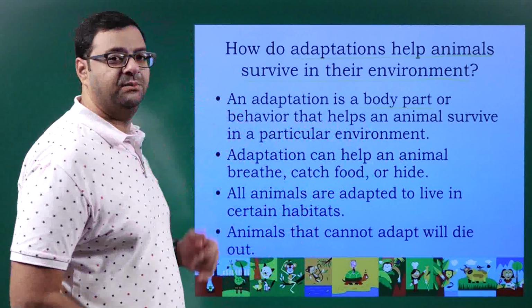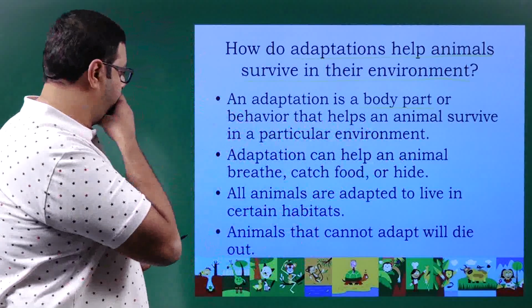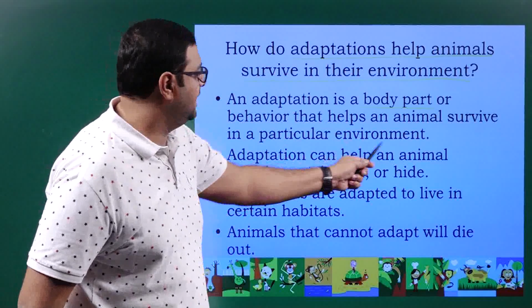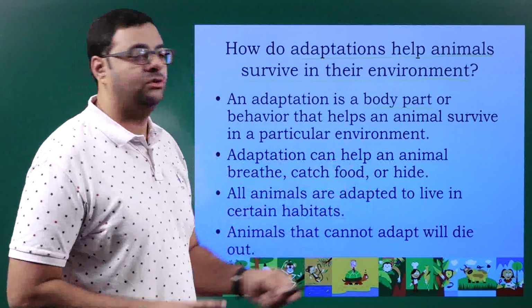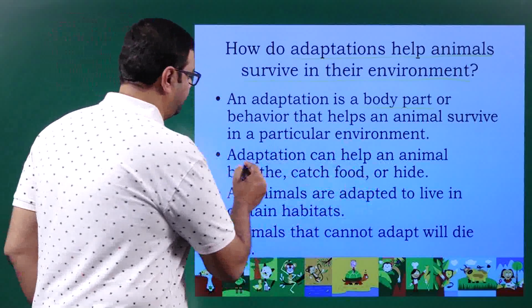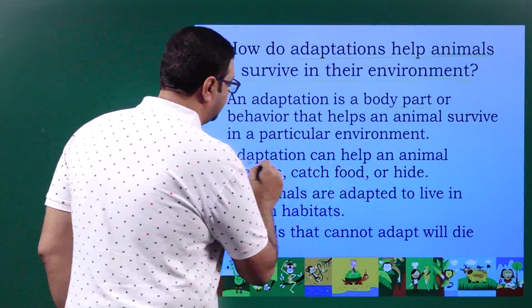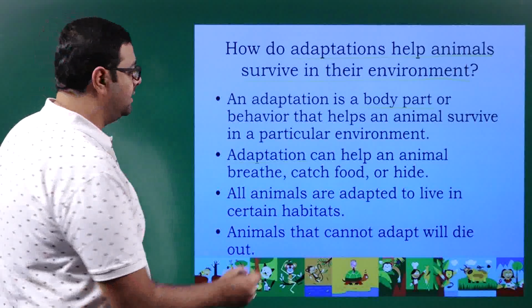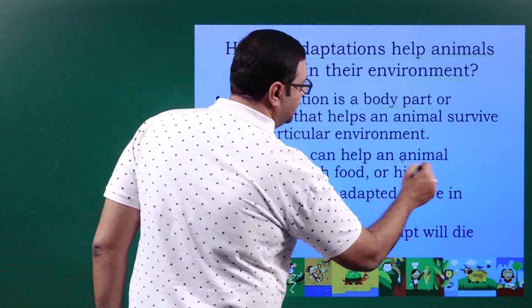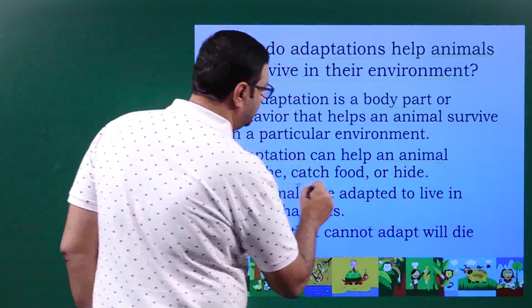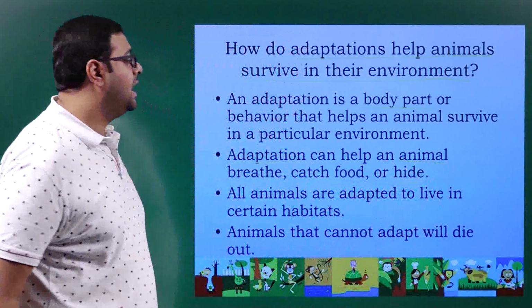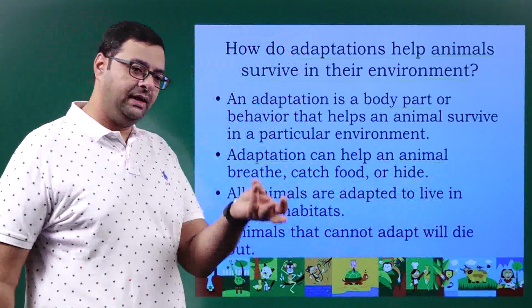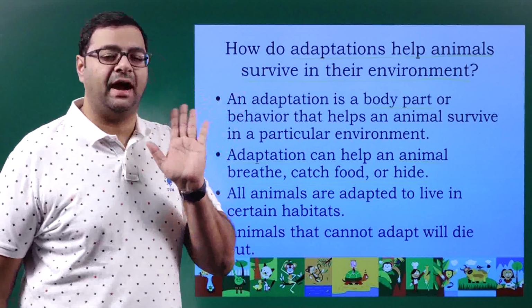That is what is meant by this point. Adaptations can help an animal breathe, catch food, or hide. Because of this interaction with the environment, an animal can breathe, catch food, and hide itself.